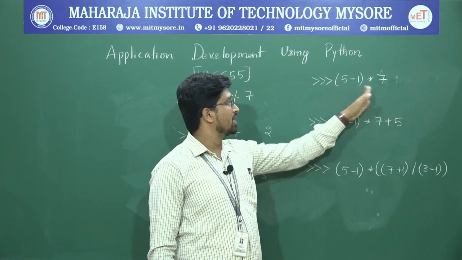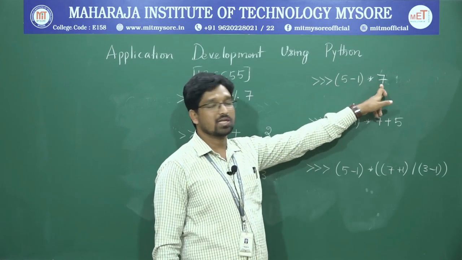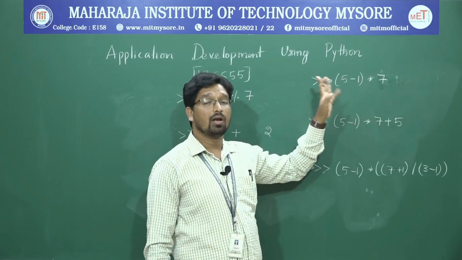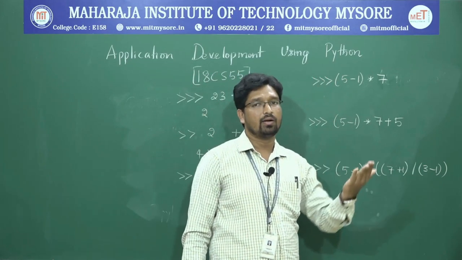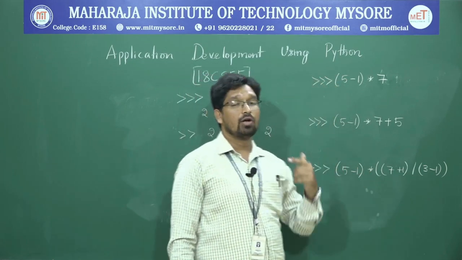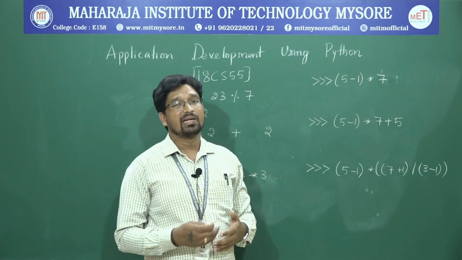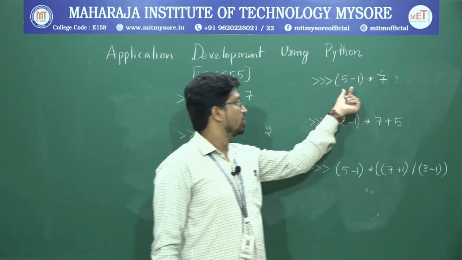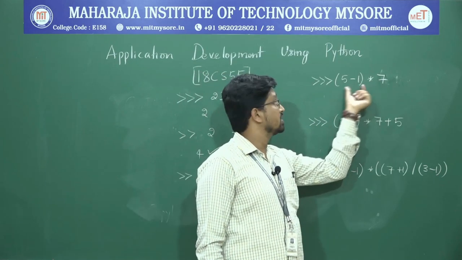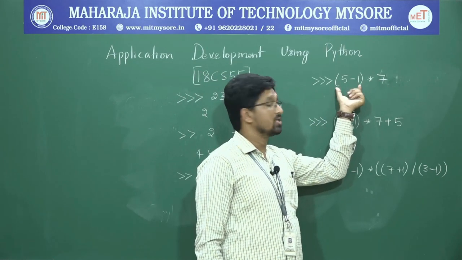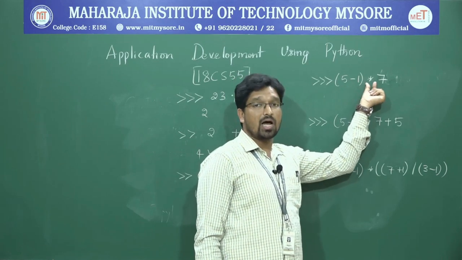Now let us discuss how to insert expressions into the terminal. I have a very simple expression, 5 minus 1 star 7. How will this expression get evaluated? This expression gets evaluated based on the priority of operators, operator precedence, right? So with 5 minus 1 star 7, we have to evaluate the bracket first, then go for the star operator.